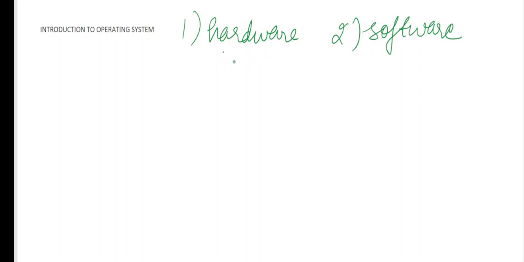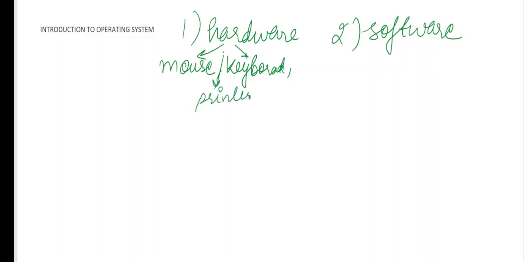Hardware is something that you have. For example, this is a mouse, this is a keyboard, then you have a printer. All those devices which you can feel, these are called hardware.